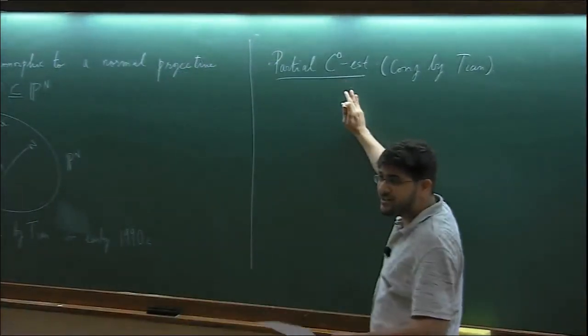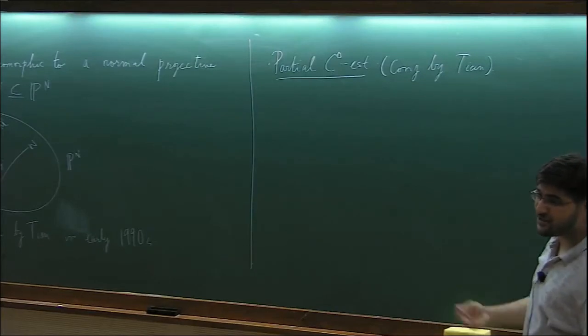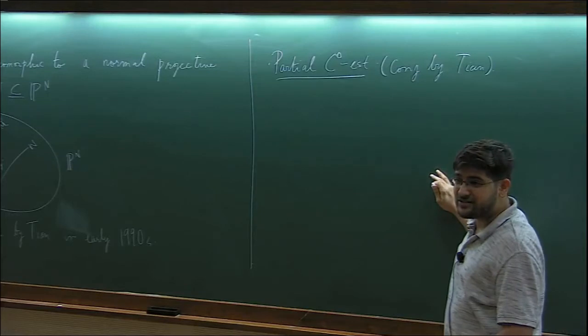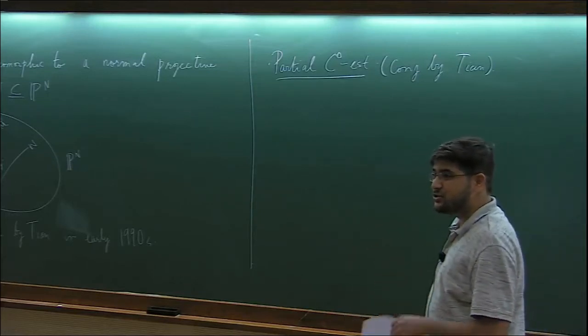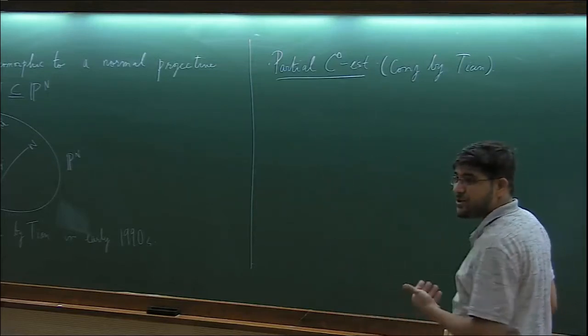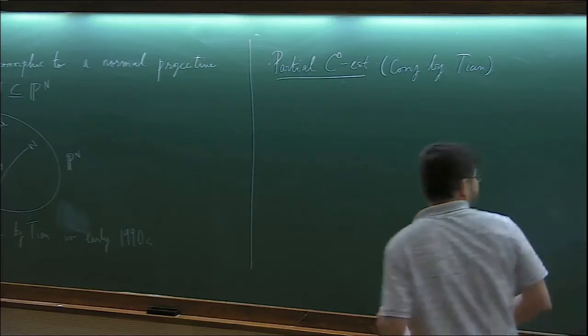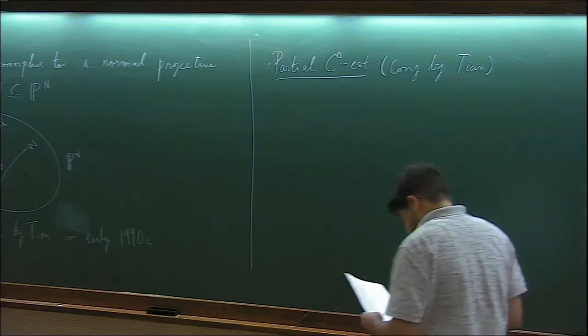It's not quite clear why it should be called a partial C0 estimate, but that will hopefully be clear in tomorrow's lecture. That has something to do with how this whole setup is applied to the Kähler-Einstein problem, right? So hopefully tomorrow it will be clear why this is called the partial C0 estimate.